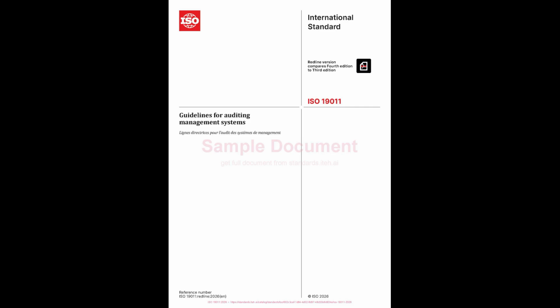Let's expand on why that is so critical. Imagine an auditor who went straight from an undergraduate degree to an auditing certification with 0 time spent working in actual corporate management. Okay. When they audit a company, they will view every nonconformity in a vacuum. They will look at a delayed safety review and see only a rule broken.